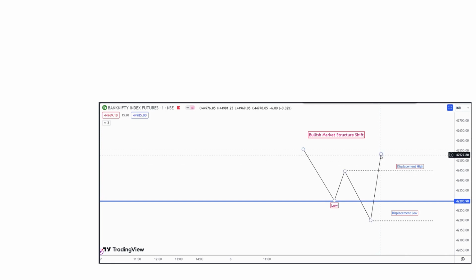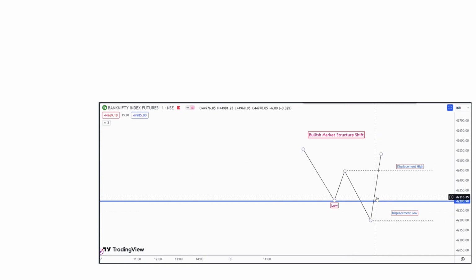Once this happens, you will find the fair value gap being formed between the displacement high and the displacement low, or from the large candle that broke the displacement high to the displacement low.